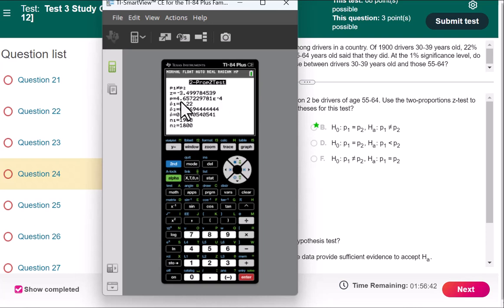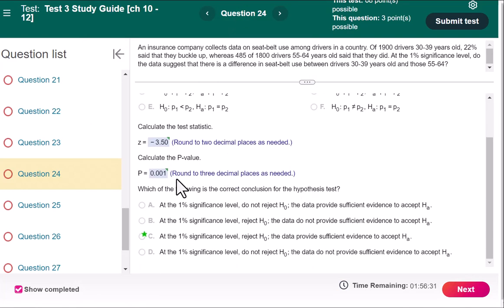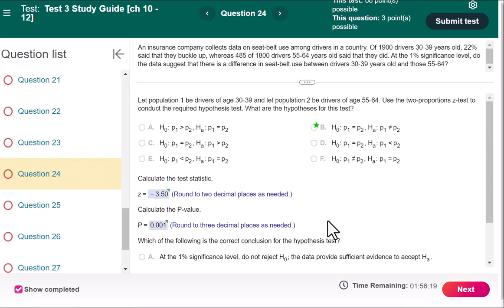So E minus 4 means move the decimal point 4 digits to the left. So it would be 0.000467, which is less than alpha. That's all that matters here. To 3 decimal places it will be 0.01. So there is enough evidence to reject the null hypothesis, and there is enough evidence to support the claim, because when you reject the null hypothesis, the claim is in H1.